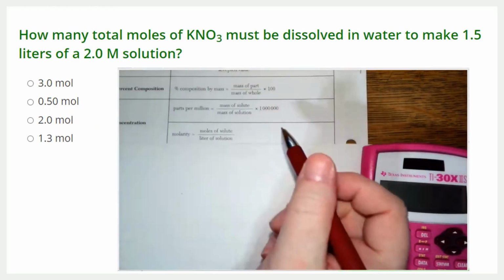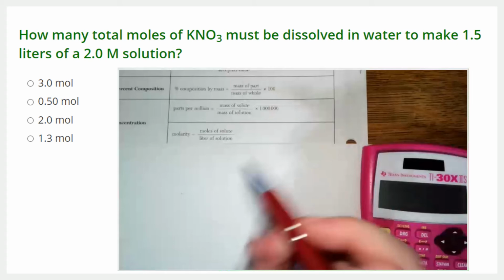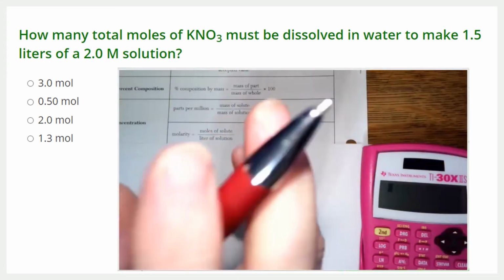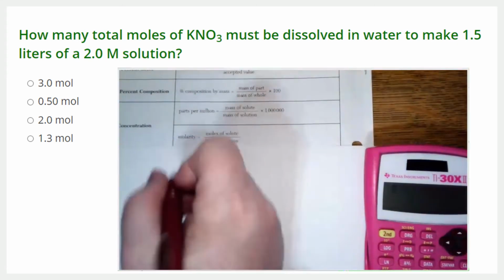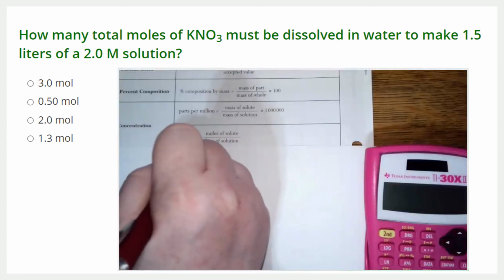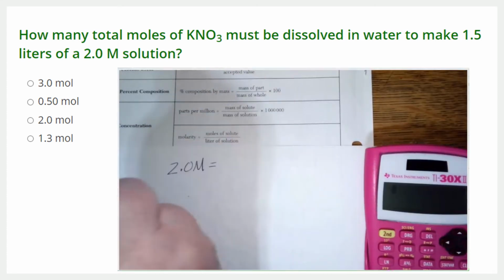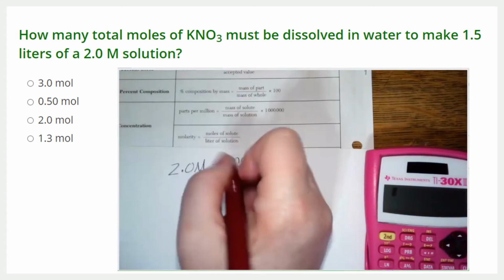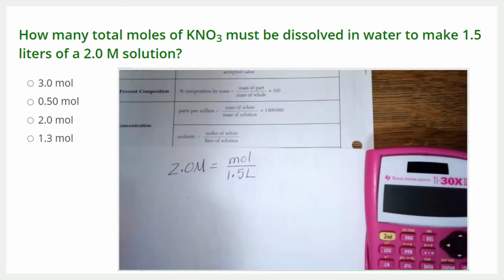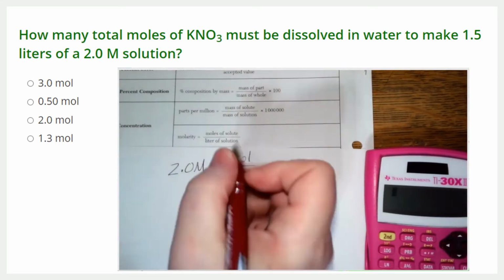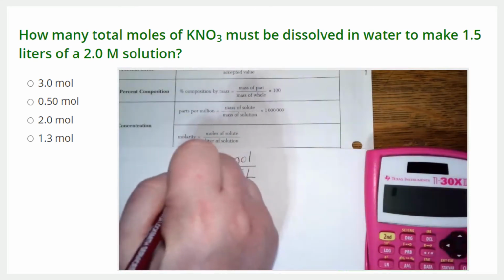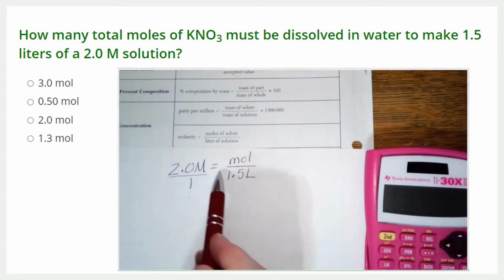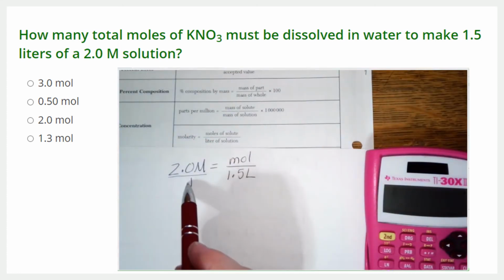Again, still using this formula. Now, how many moles have to be dissolved to make? All right, so what do I know? Molarity, 2.0 M equals. Moles is what I'm trying to find. I have 1.5 liters. Now, there are a few strategies. One that students seem to be comfortable with is putting this over 1 and cross multiplying.